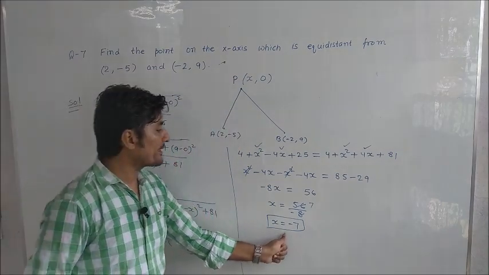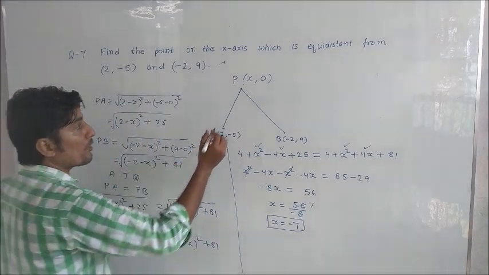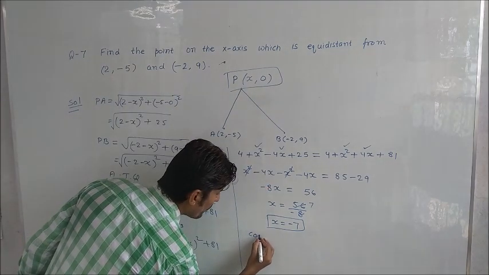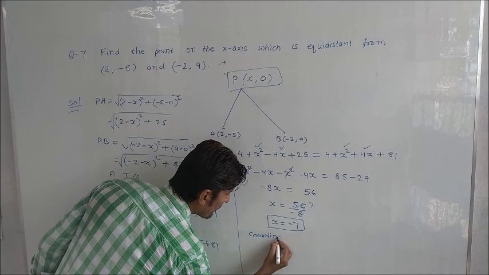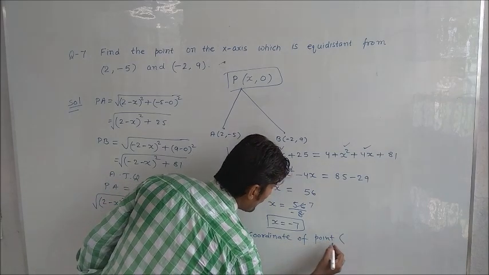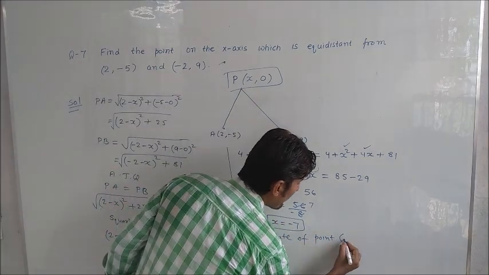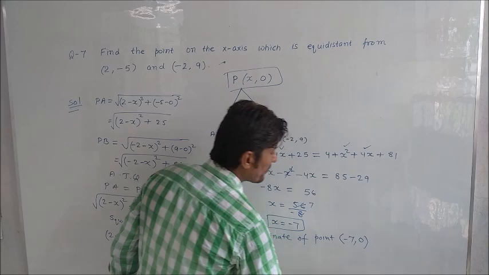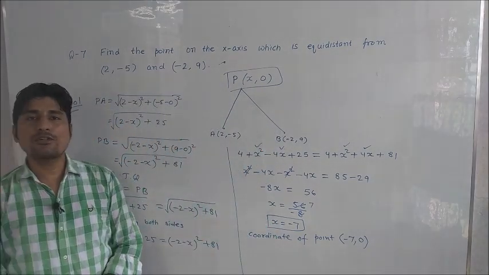This is the value of x equal to minus 7, but the coordinate of the point is (x, 0). So the coordinate of the point will be (x, 0). The value of x is minus 7, so we can write here minus 7, and we have 0, so we can write 0 also. So this is the final solution of this question.